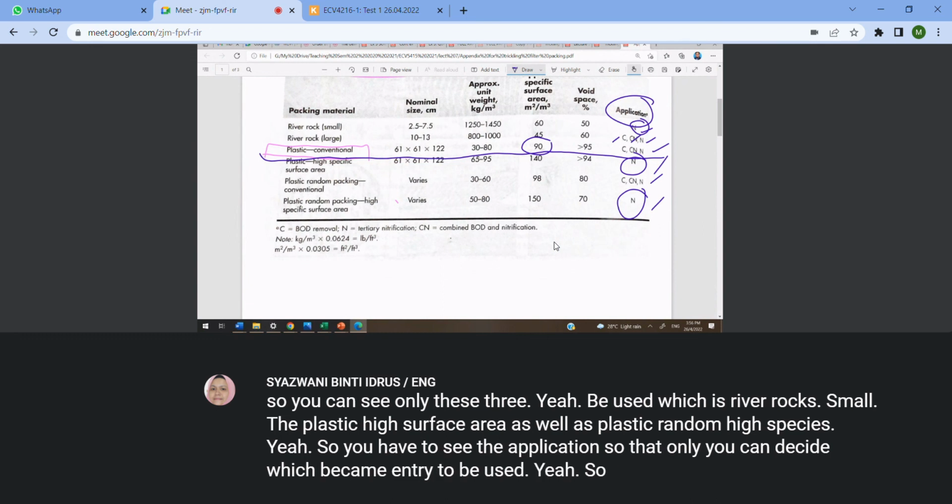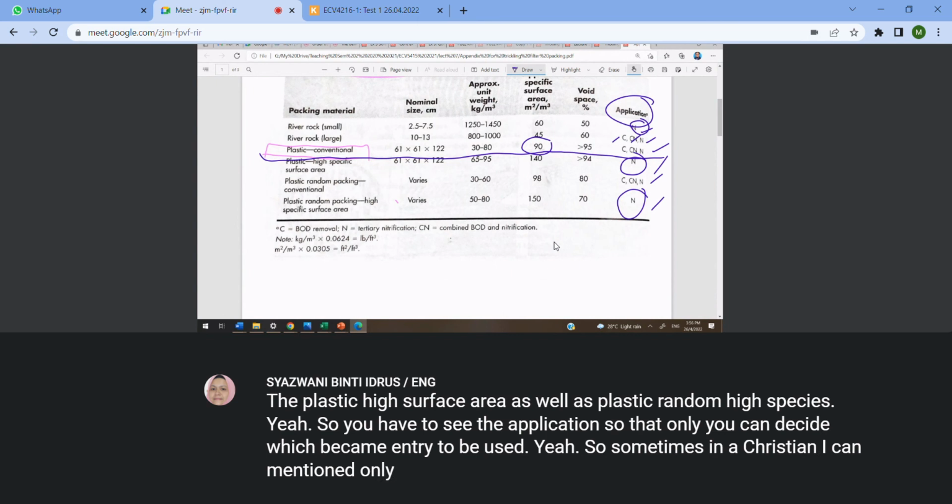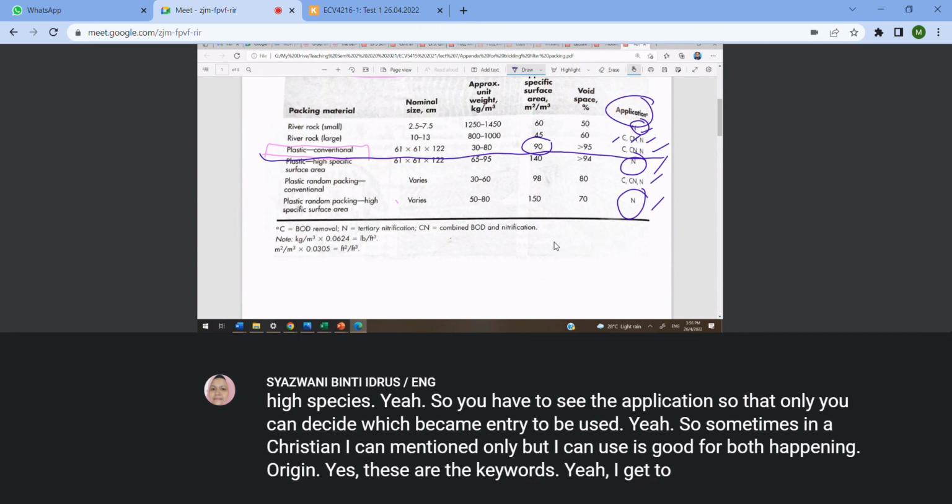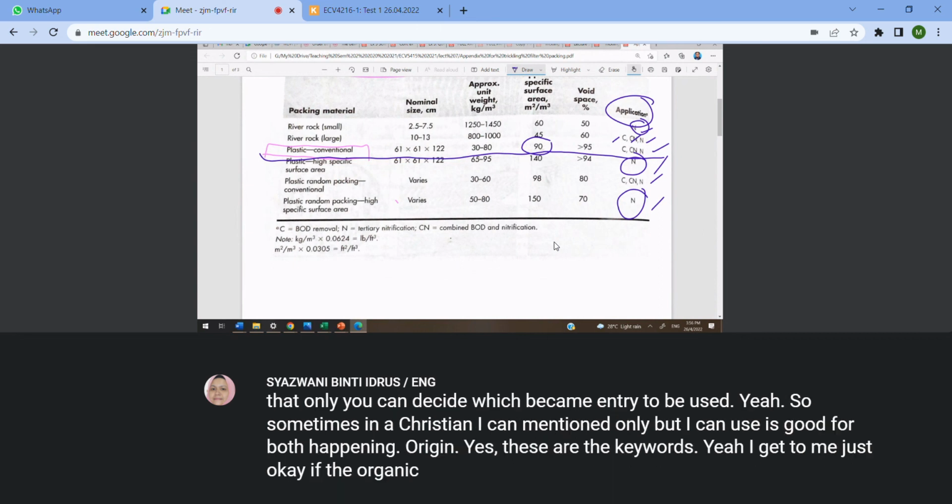Sometimes in the question I can mention high nitrogen only, to treat the nitrogen, or I can mention it is good to treat both carbon and nitrogen. So these are the keywords that are to be used. If it is organic matter, then we are referring to carbon.